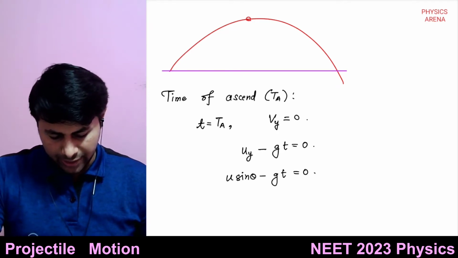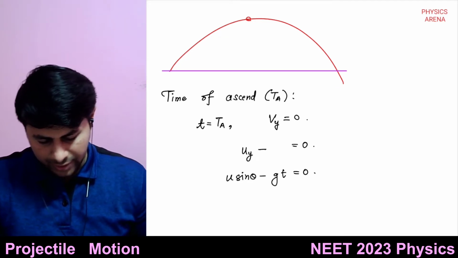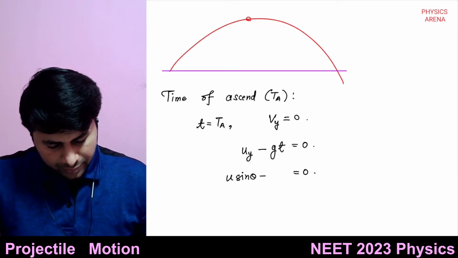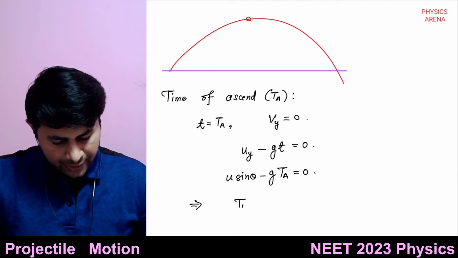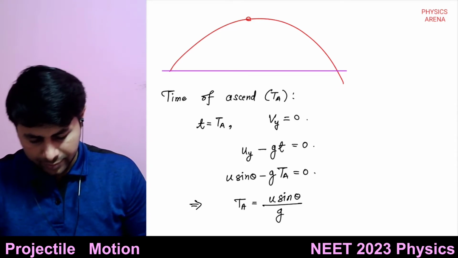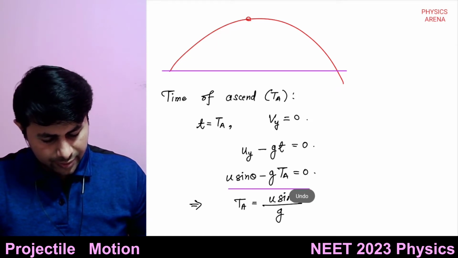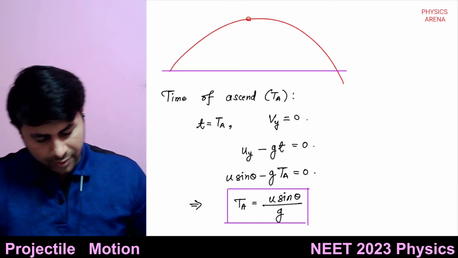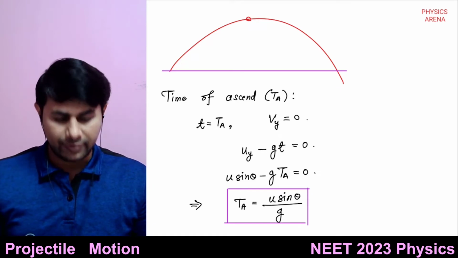In place of t I will substitute ta. So g times ta, which implies ta is equal to u sine theta divided by g. So what is time of ascent? It is u sine theta divided by g.